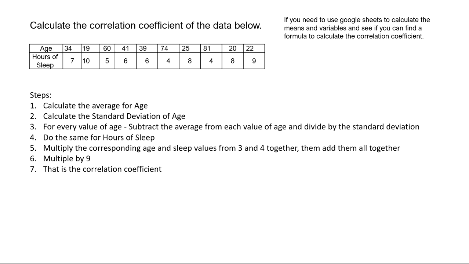You can plug all this into a spreadsheet and it should pump out the correct correlation coefficient when you're all said and done. There's probably a formula within Google Sheets somewhere that'll do it all for you. I'm going to put it on you to figure out how to do that on your own time. But again, pause the video, plug in what you think the correlation coefficient is, type your answer into Edpuzzle, and we'll go on, and I'll definitely go over the actual work for it some other time.